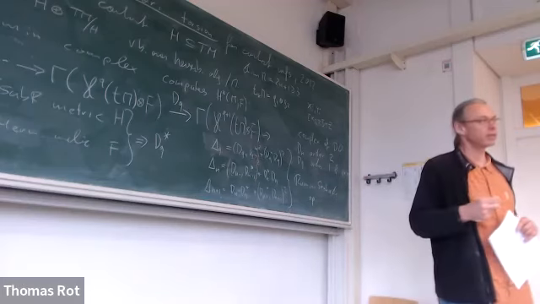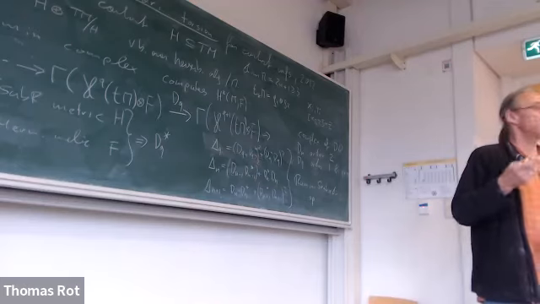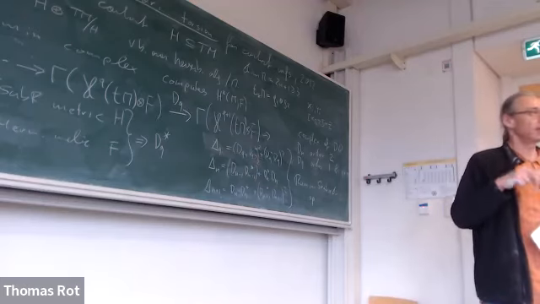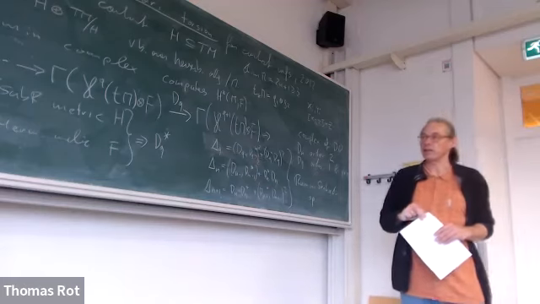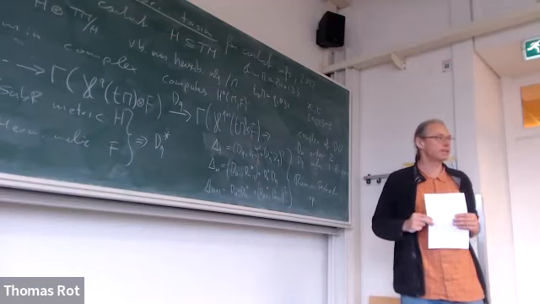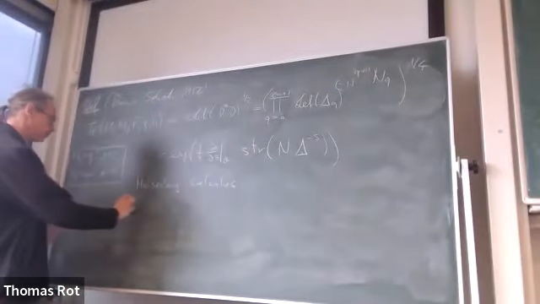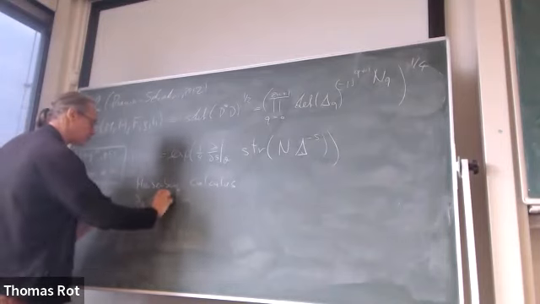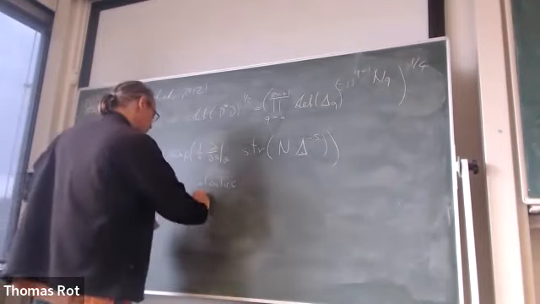This Rockland property guarantees that they have parametrices in this calculus. They can be inverted up to smoothing operators. And that's the key point. The Heisenberg calculus guarantees that you have parametrices, and in particular, the heat operator, d by dt plus this Rumin-Seshadri operator, is going to have a parametrix.